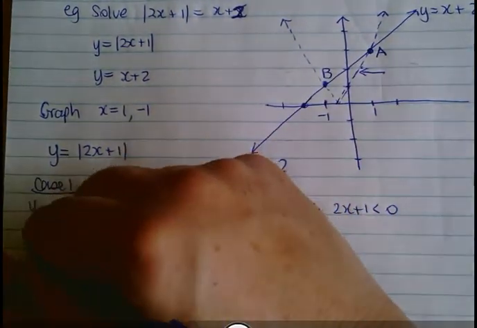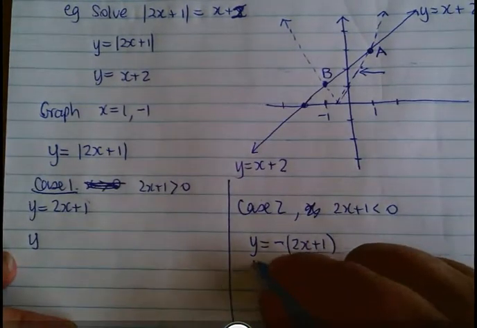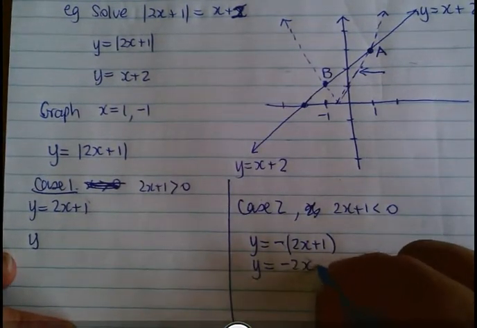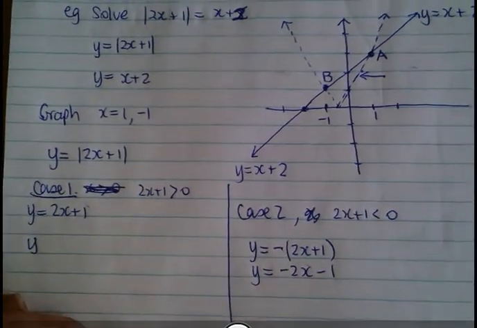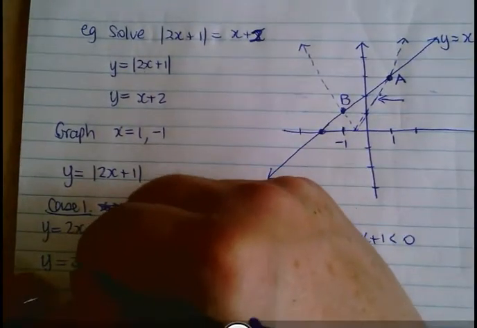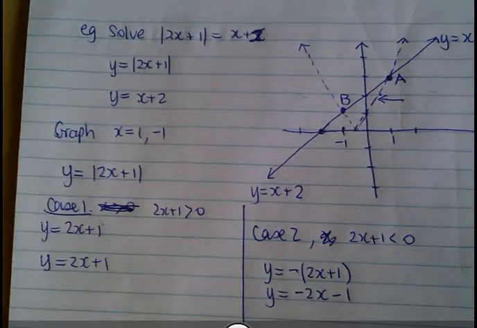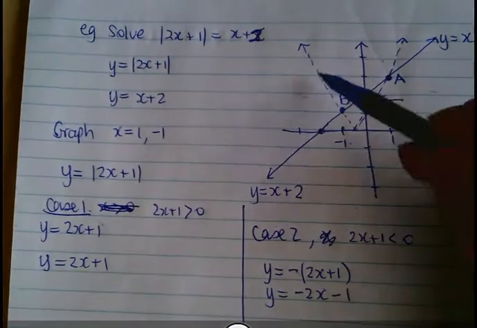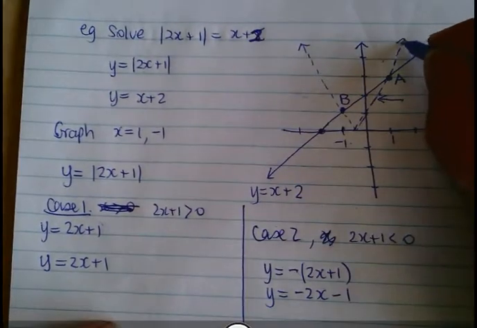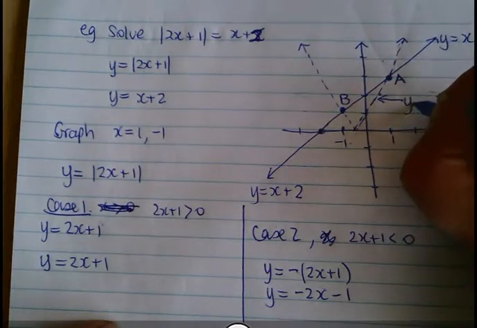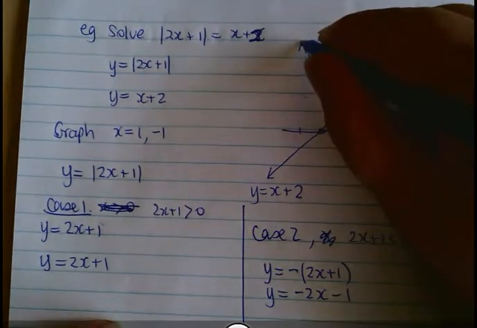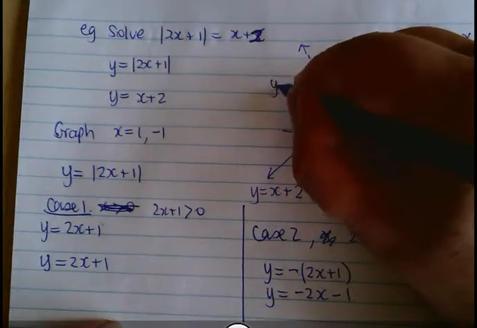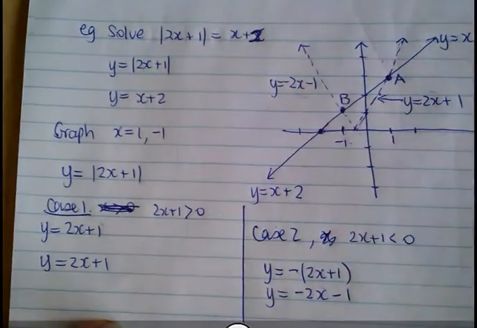So this second equation is y equals negative 2x minus 1, and the first equation is y equals 2x plus 1. Looking at the dotted line, which represents my absolute value function, this part must be y equals 2x plus 1, and this part of the line must be y equals negative 2x minus 1.